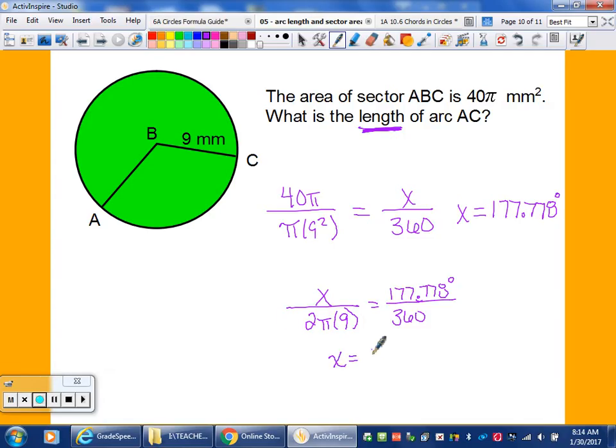And I get 8.889 pi millimeters. Alright, that's it. Come see me for tutoring if you need to.